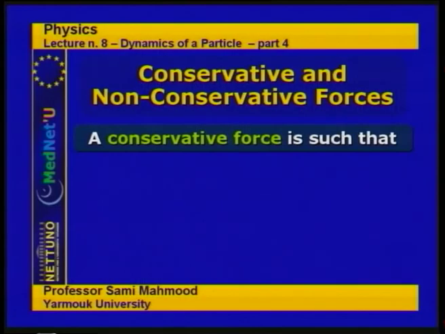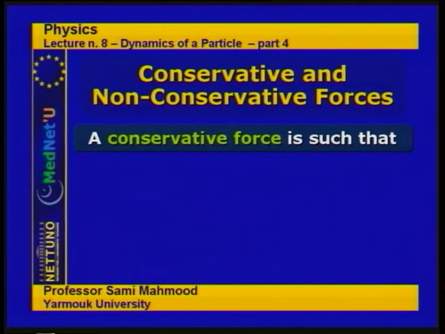At this point, I would like to discuss one of the key issues in the context of discussing potential energy, which is the classification of forces into two types. Forces are classified into two types. One is called conservative forces.